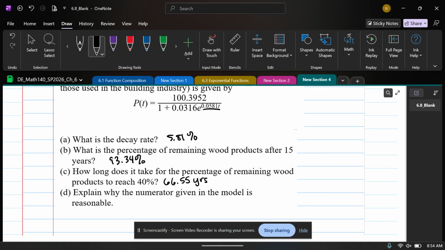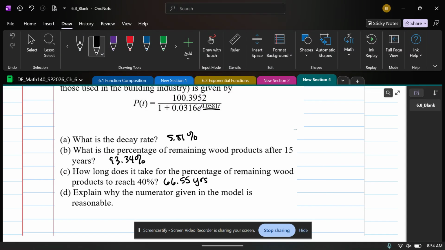We talked about this already, explaining why the numerator is reasonable. 100, it's close to 100%. It's reasonable because it's possible that all of our wood products survive out of that, depending on what wood it's made out of, how long it is resistant to disease or bugs or water.